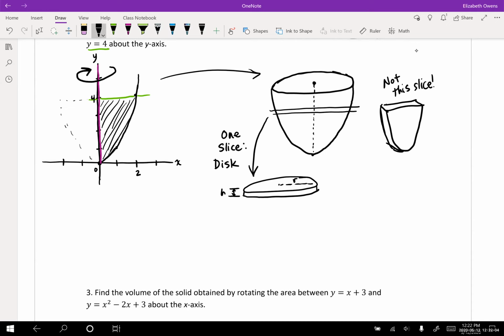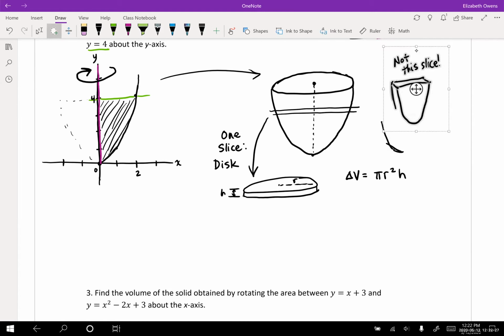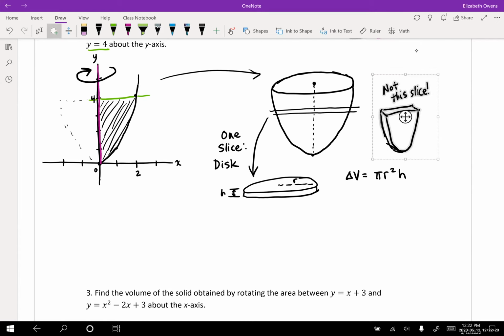And so our delta V for this single little disc is going to be pi r squared h, all right, where the pi r squared is the cross-sectional area, and then the h is, oops, sorry, I was just trying to get that other slice out of the way there, the one that we're not using. So let me get that out of the way.